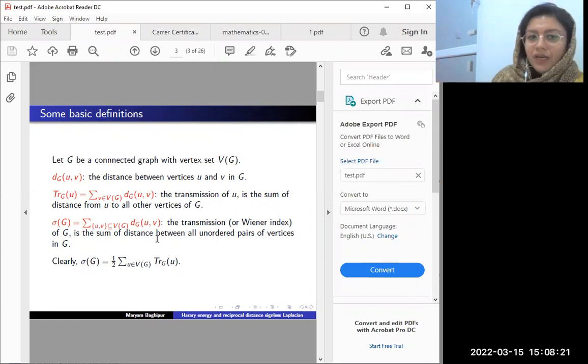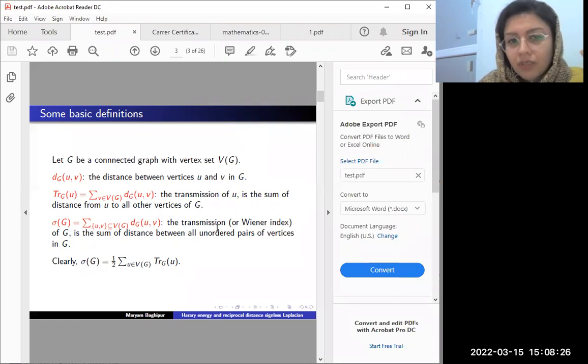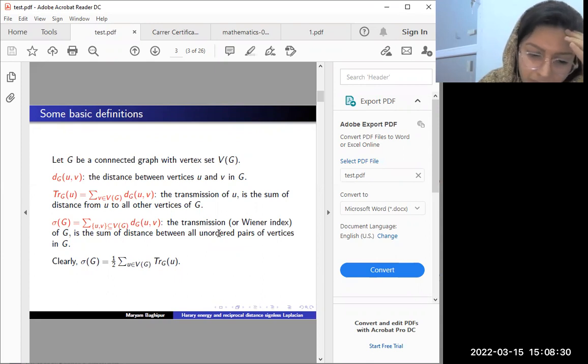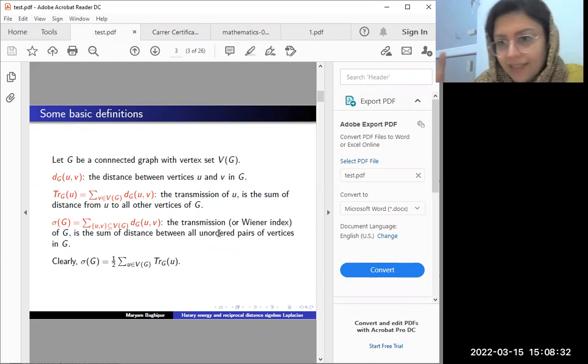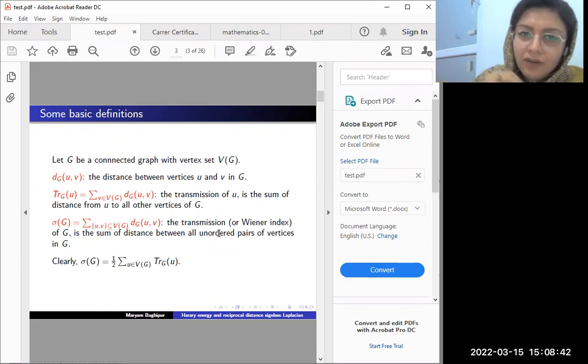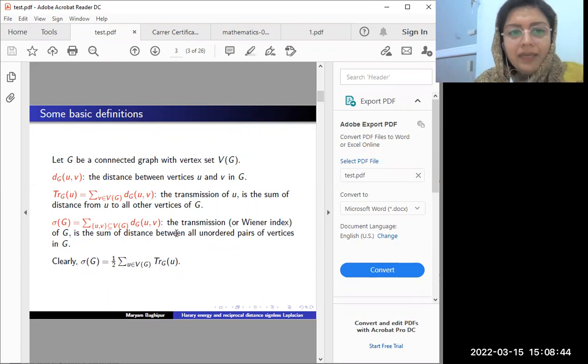In my master's, I got to know different indices, for example Szeged index, Harary index, Wiener index. After studying, I realized the connection between the spectrum of graphs and chemical graphs.